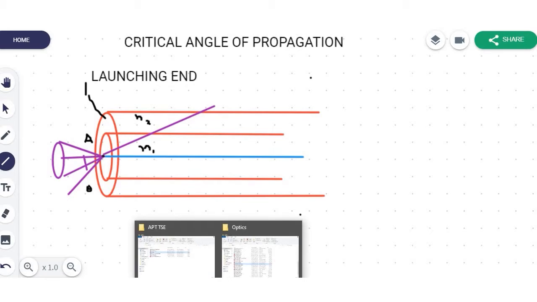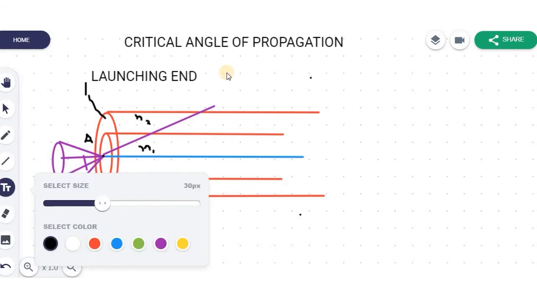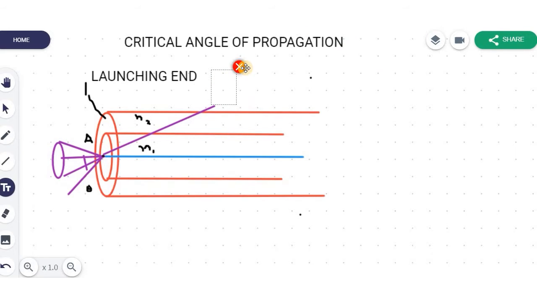This ray, which is refracted away from the optical fiber, is called an unguided ray. Such rays are called unguided.